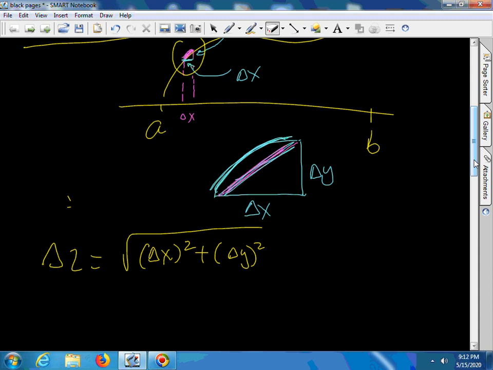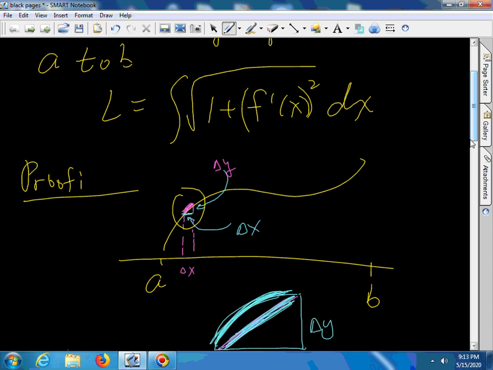This length is really close to the curve length if delta x is small. Look at our picture: delta x is small, and this little curve looks like a straight line to me.